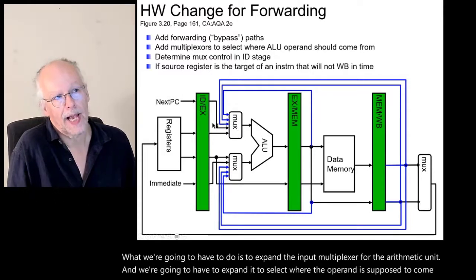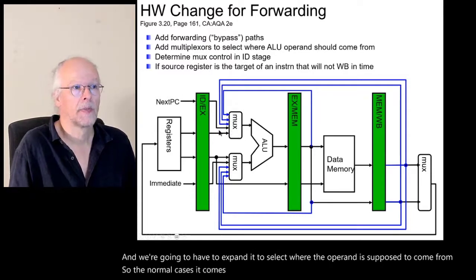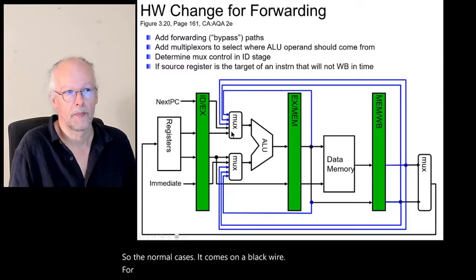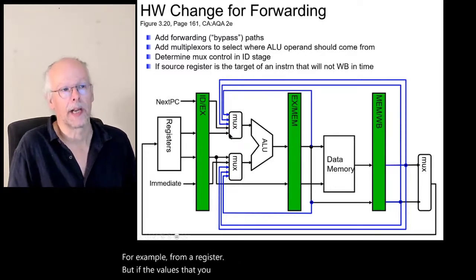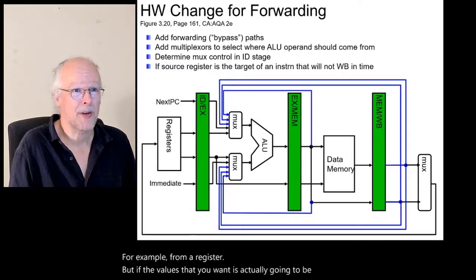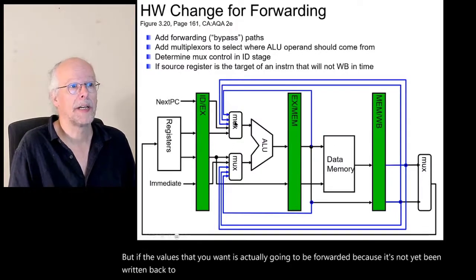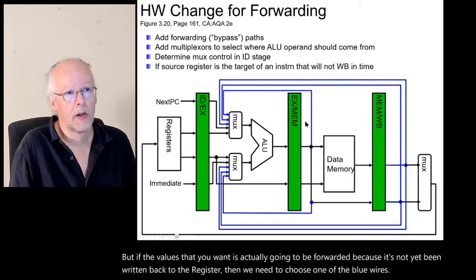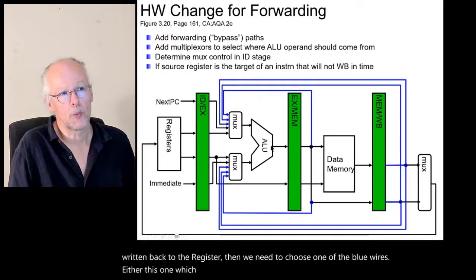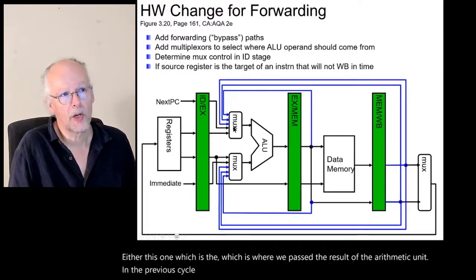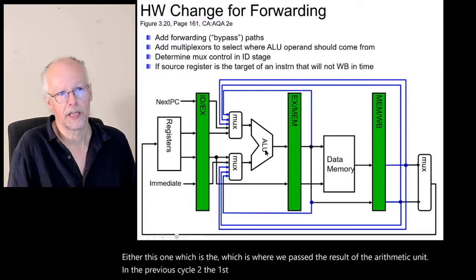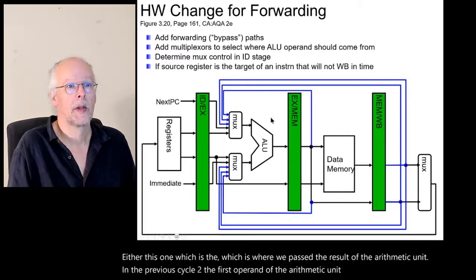So the normal case is it comes on a black wire, for example, from a register. But if the value that you want is going to be forwarded because it's not yet been written back to the register, then we need to choose one of the blue wires. Either this one, which passes the result of the arithmetic unit in the previous cycle to the first operand of the arithmetic unit in the second cycle.